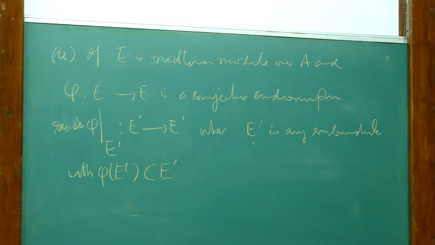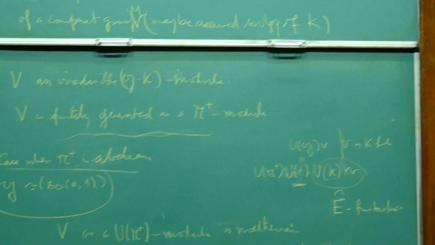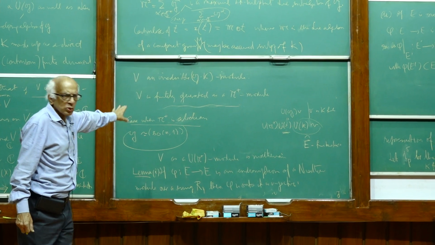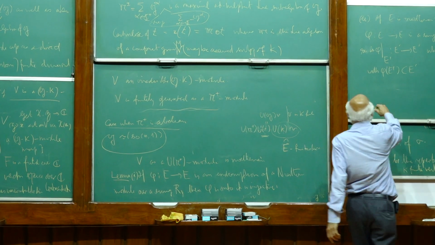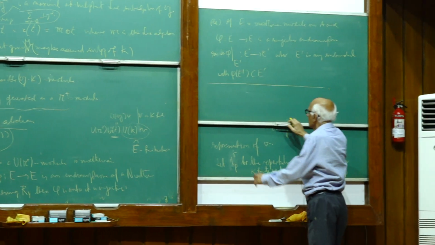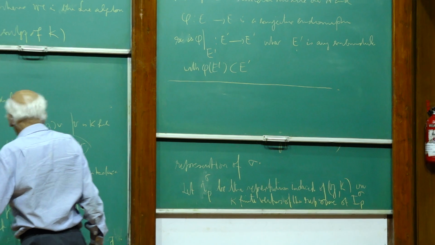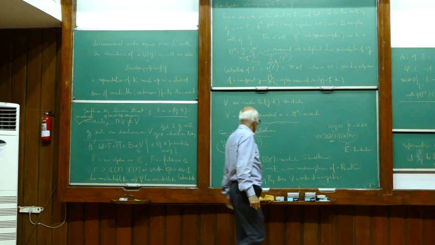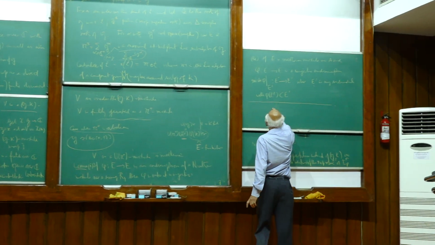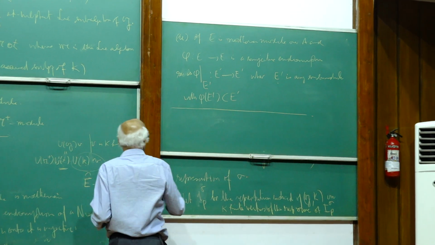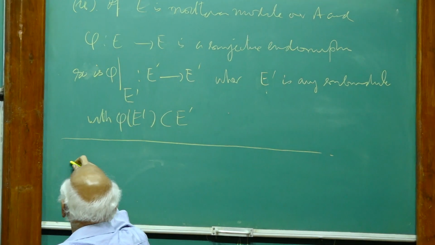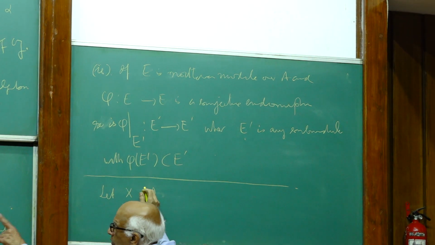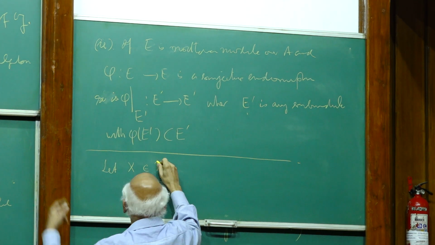Okay, so this is the lemma which is going to be crucial for us. This, and then I will also use the fact that n+ is abelian to get at the theorem. Now I am going to the proof of the theorem, of the Casselman theorem in the special case.